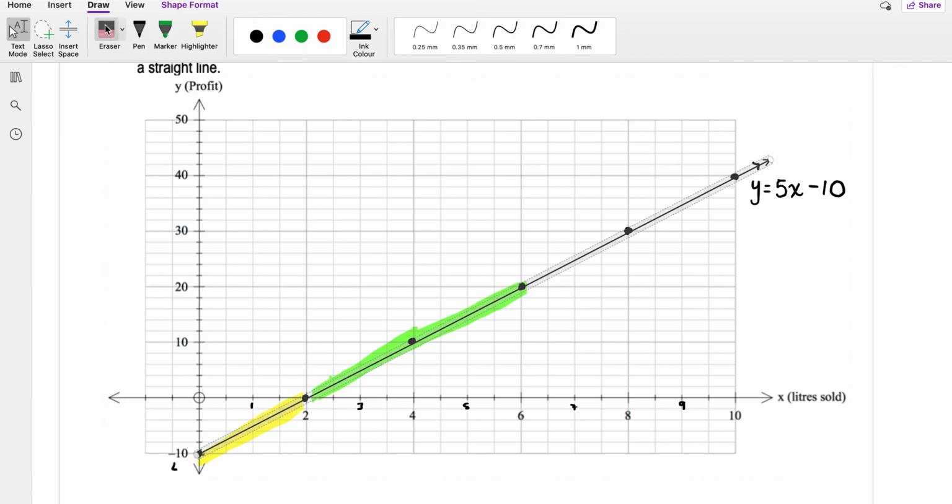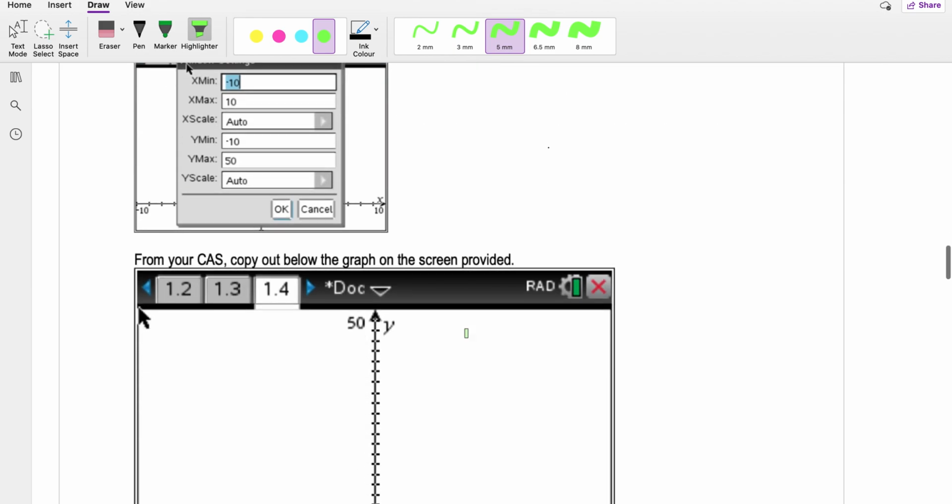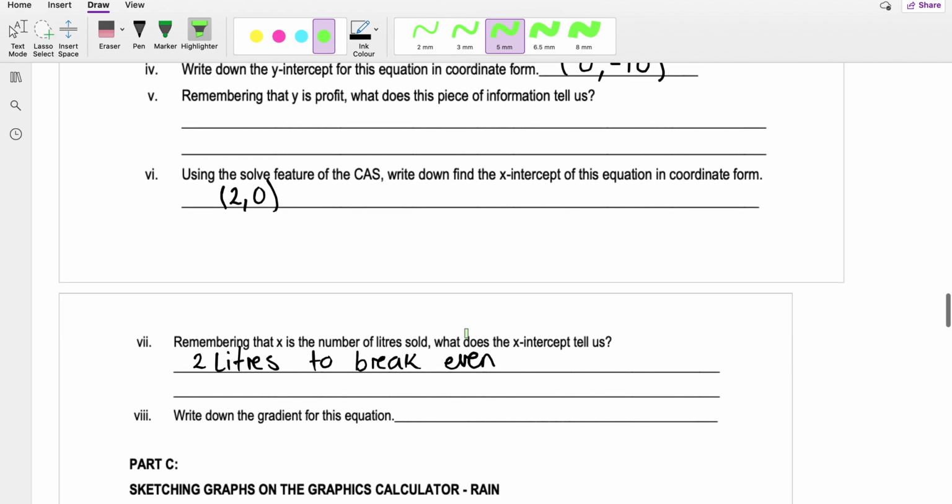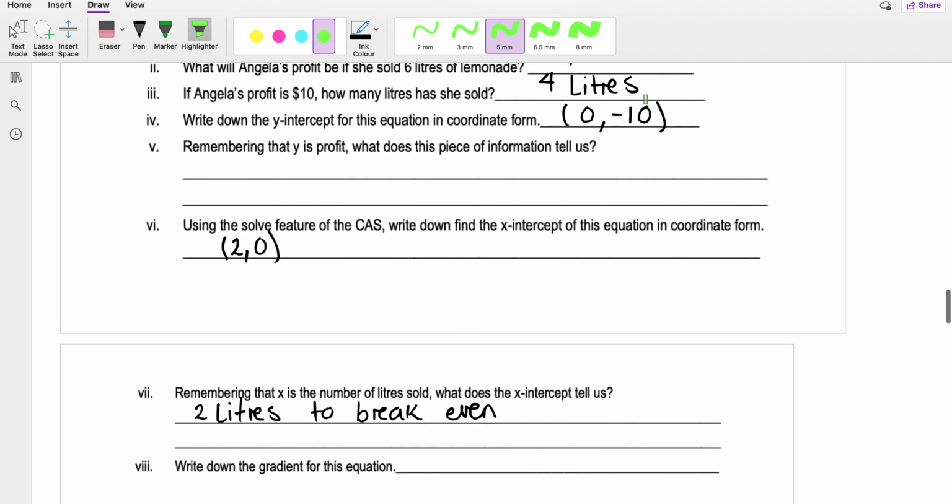Okay, that's the starting point, because it makes no sense that I will sell negative liters. Okay, and all this green part that I'm highlighting here, all and forever, will be profit. The yellow part is loss, the green part is profit. Wonderful. Fantastic. In the next video, we'll do part C.